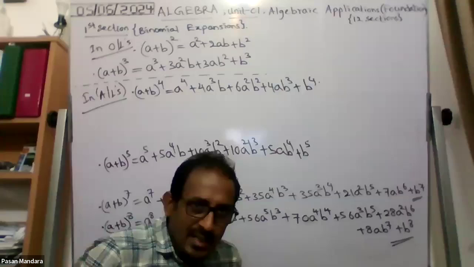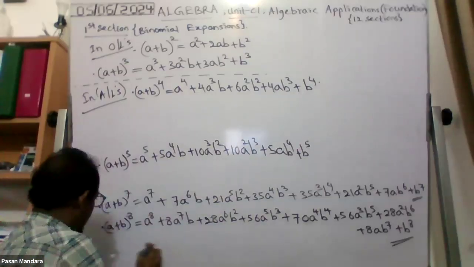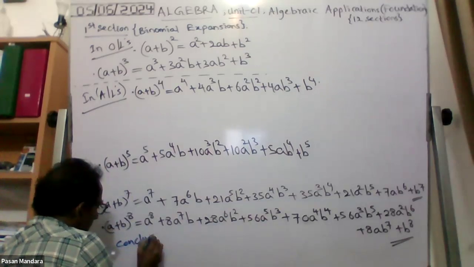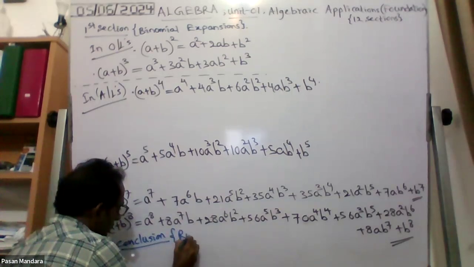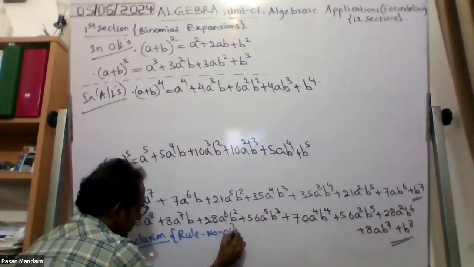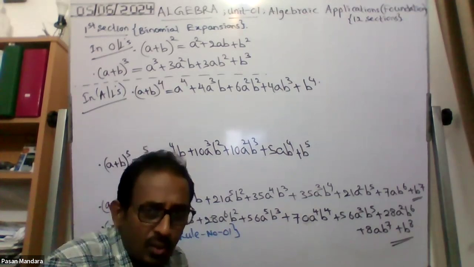If my expansion is A plus B to the power n, I said you are going to learn 550 rules, so you are going to learn the first rule now.